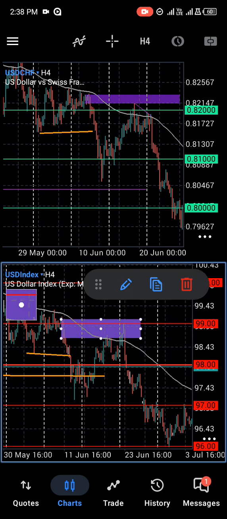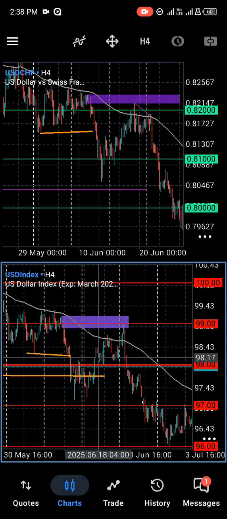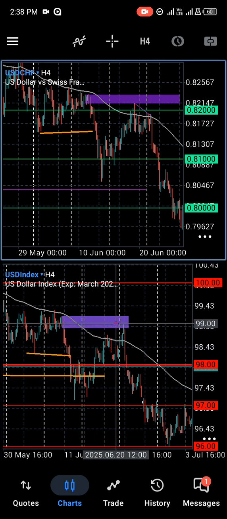Sorry, my lines are not that accurate. On top of these order blocks we had this psychological level sitting there, and also the USD CHF had this psychological level here.